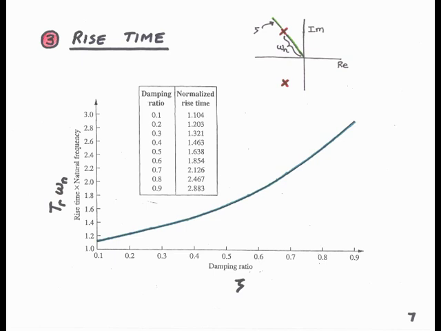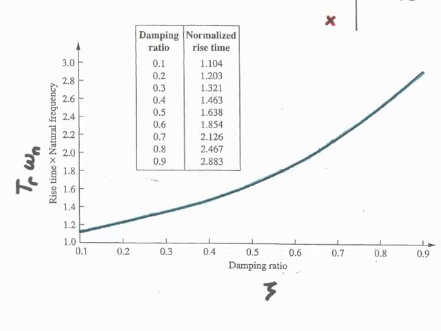If we're given a pair of poles and we measure how far they are from the origin, omega n, and we determine the zeta for these poles, we can then turn to this graph to determine what the rise time is. On the vertical axis in this graph is the rise time times omega n, which is a normalized value of rise time, that is, it's unitless.